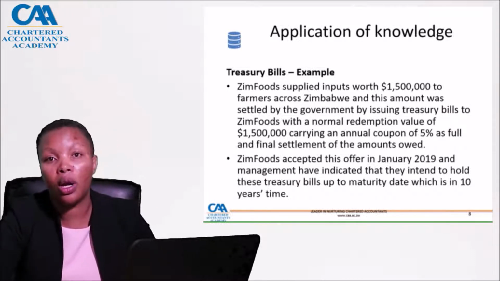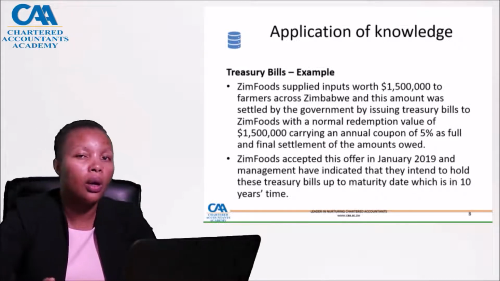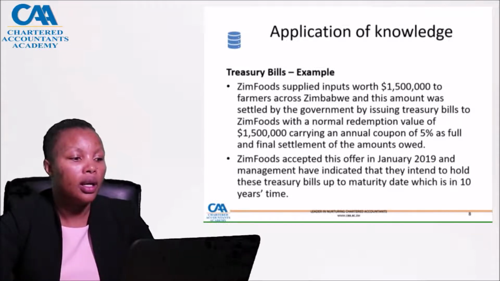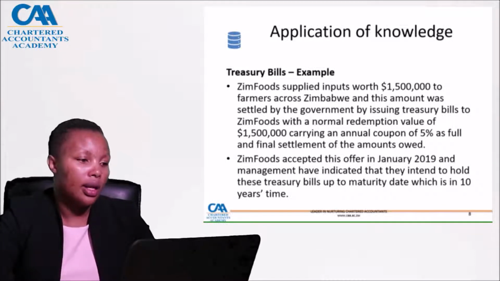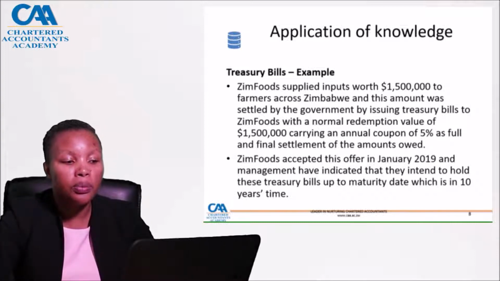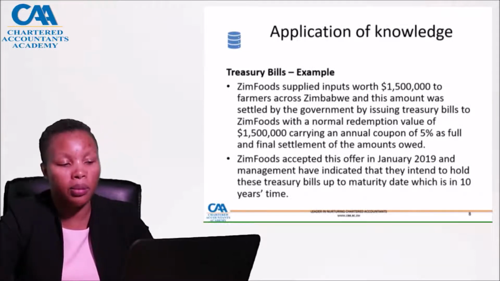Let's apply the knowledge that we've gathered so far. Some might still be confused to say, what exactly is Nyasha trying to say? Let's apply the knowledge. We've got an example, and this example is on treasury bills. Let's read it. So Zimbabwe Foods supplies inputs worth $1.5 million to farmers across Zimbabwe.